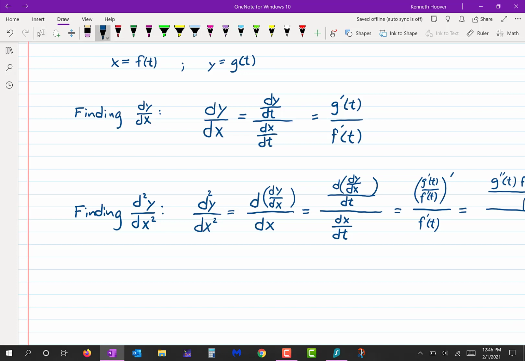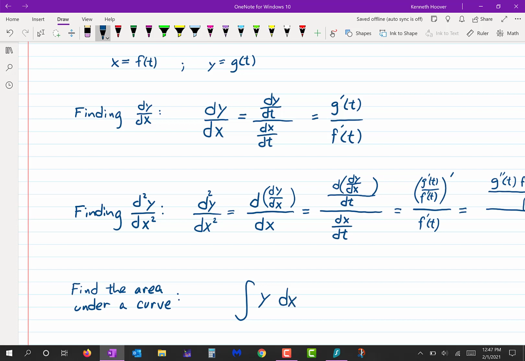Okay, so let's do this. Finding the area under a curve. You know what that means. That means the area between the graph and the x-axis, right? Okay, so remember that to find that area, you integrate y with respect to x, correct?